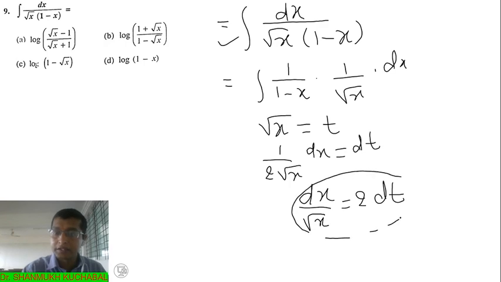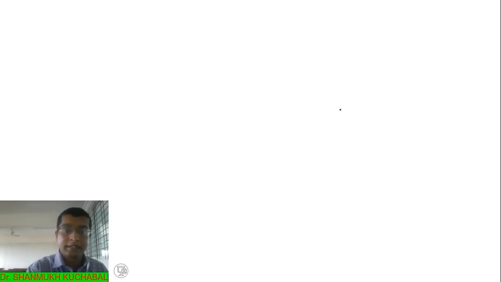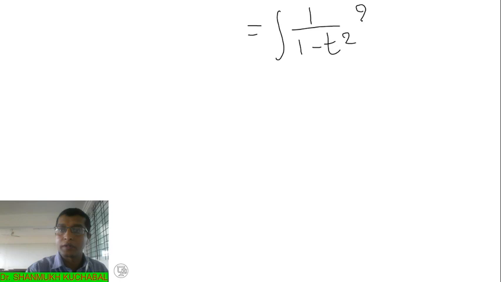This value and this value we will substitute in the integral, so we get 1 divided by 1 minus t square into 2 times dt, very simple, right.